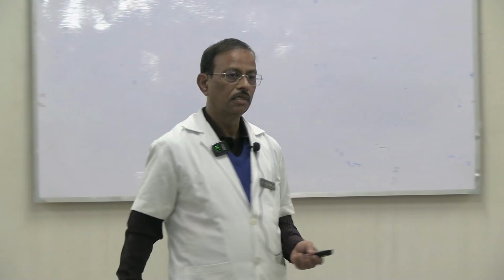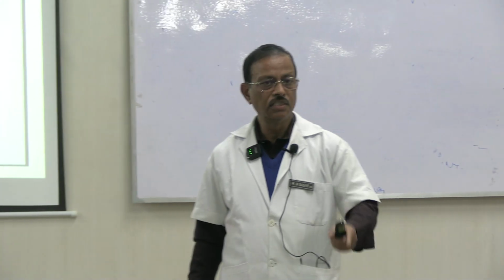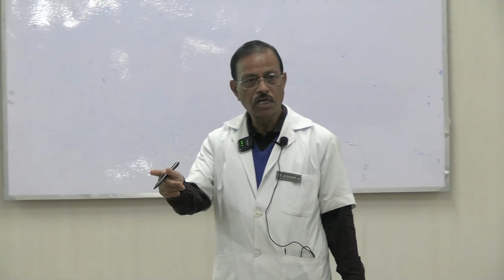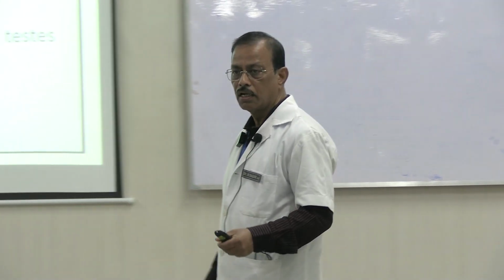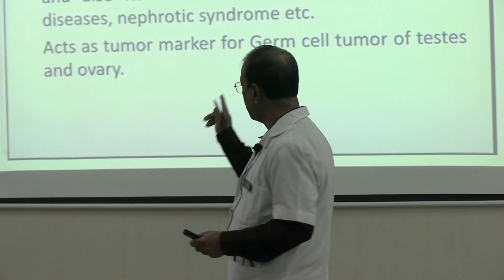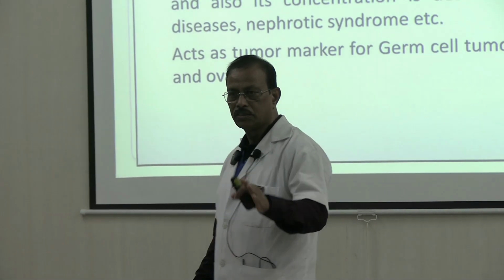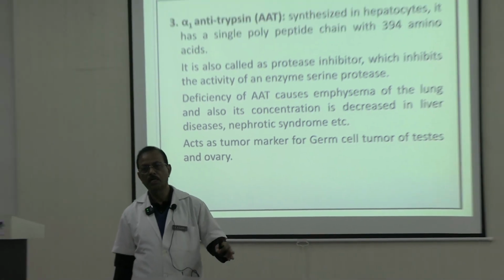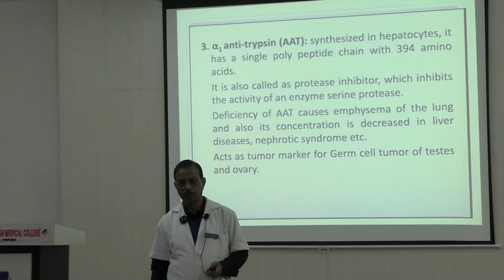In the normal case, this elastase is inhibited by alpha 1 antitrypsin. Inhibition of elastase means it cannot harm the lungs. That's why when it is present, the lung is safe. When it is not there, the lung is in danger due to the action of elastase.